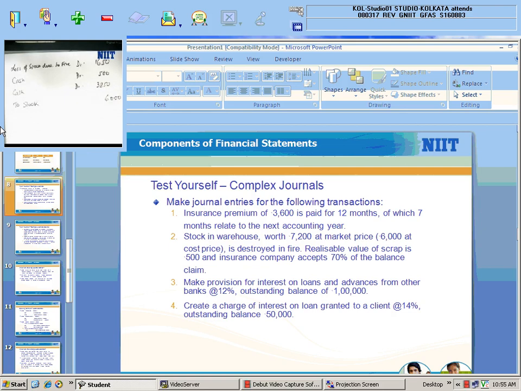So this will be the journal entry here. Loss of stock due to fire 1,650, cash 500 from sale of scrap, cash 3,850, 70% of the balance amount which has been settled by the insurance company, and stock 6,000. We'll credit the stock account because stock is completely disposed now. So this will be the journal entry for the second example.